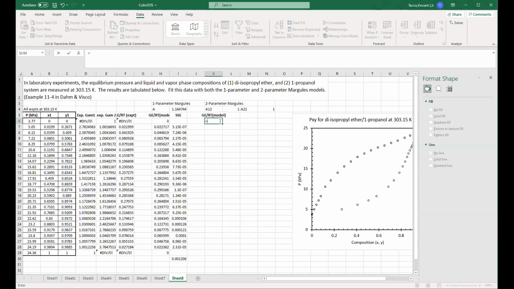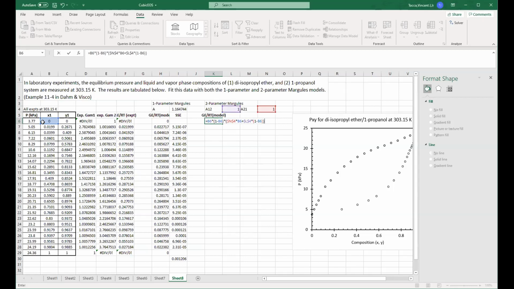So this is in your notes, by the way: X1 times 1 minus X1 times the quantity of A21, I'm going to dollar-sign that one because I want it to remain constant, times X1, plus A12 dollar-signed times X2, which is 1 minus X1.